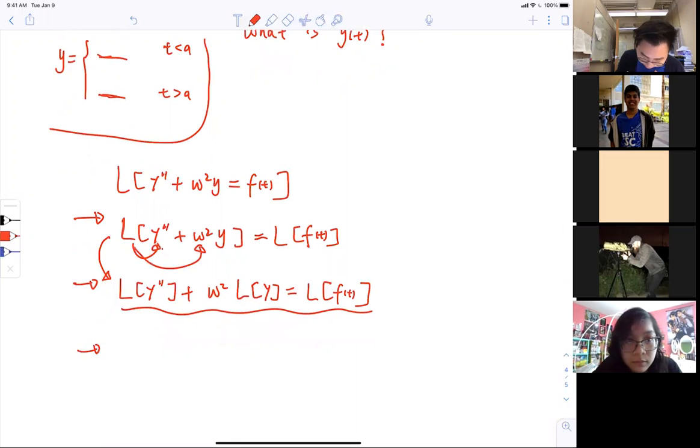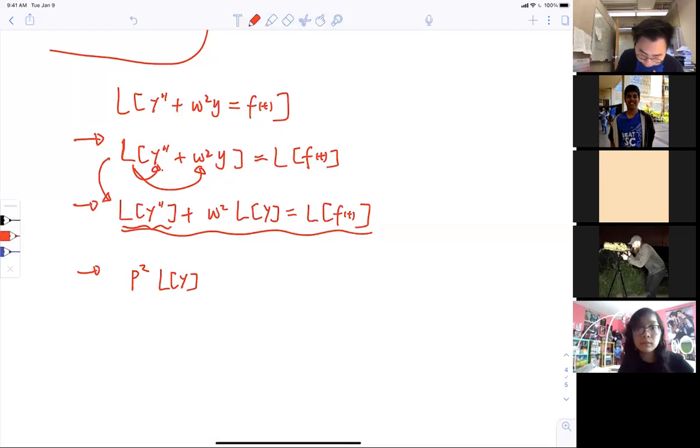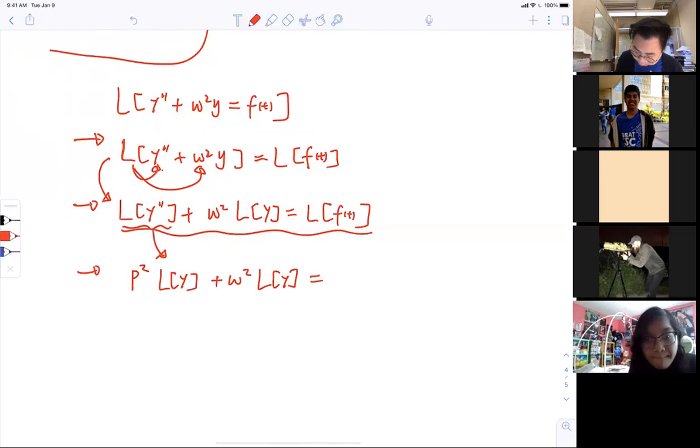Okay, so what's this? This is p squared Ly, right? Because the initial condition is y(0) is 0 and y'(0) is 0. So this term is p squared times Ly plus omega squared Ly equal to the transform of f.